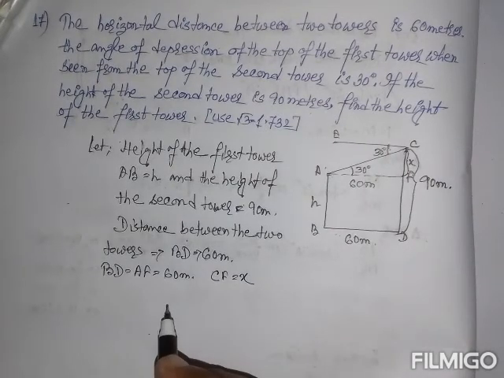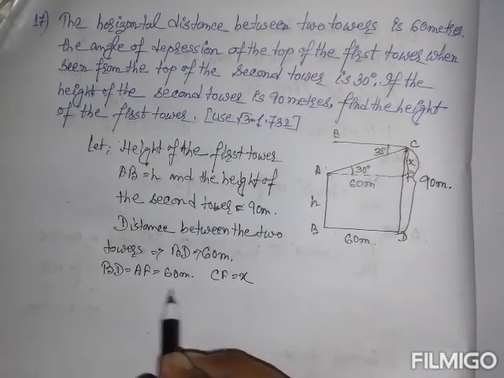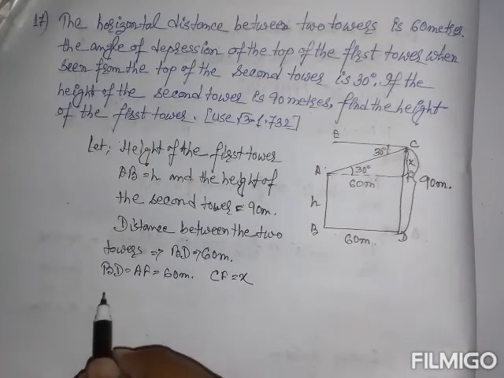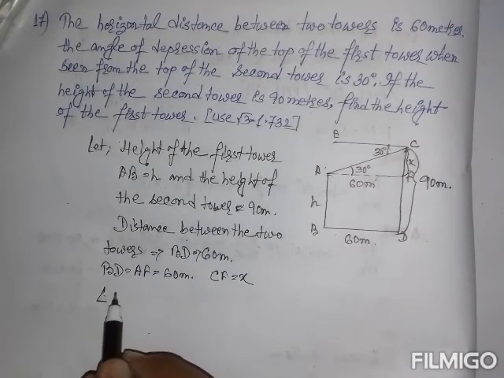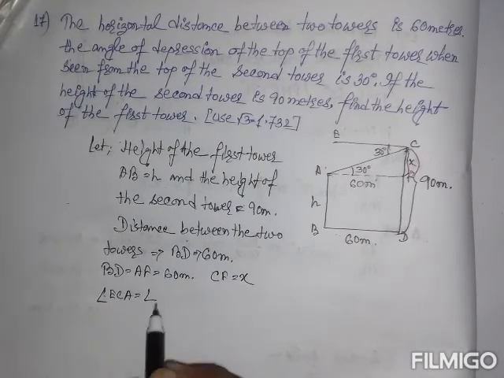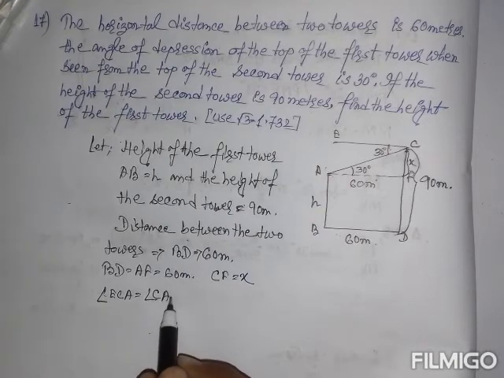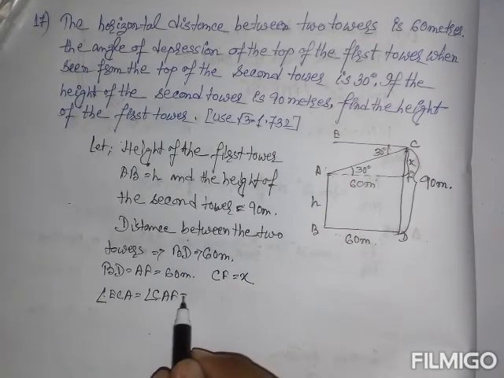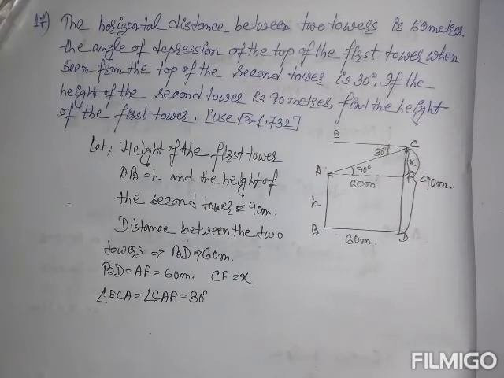The angle of depression ECA is equal to the angle of elevation CAF, which is 30 degree.